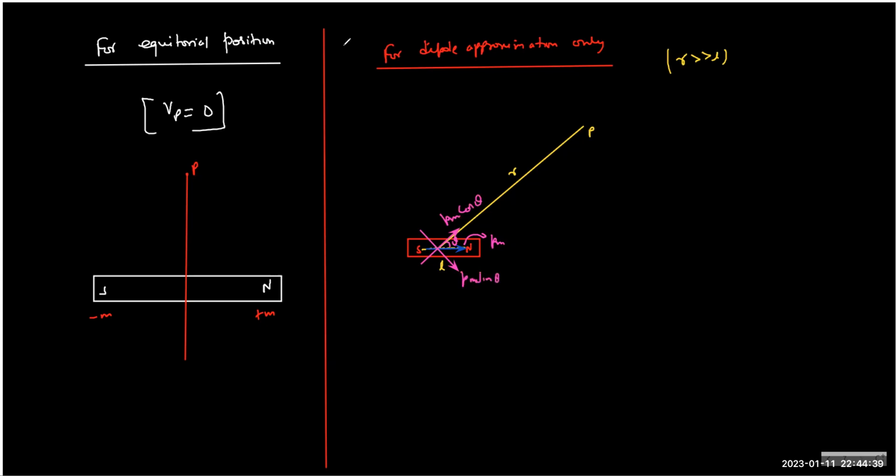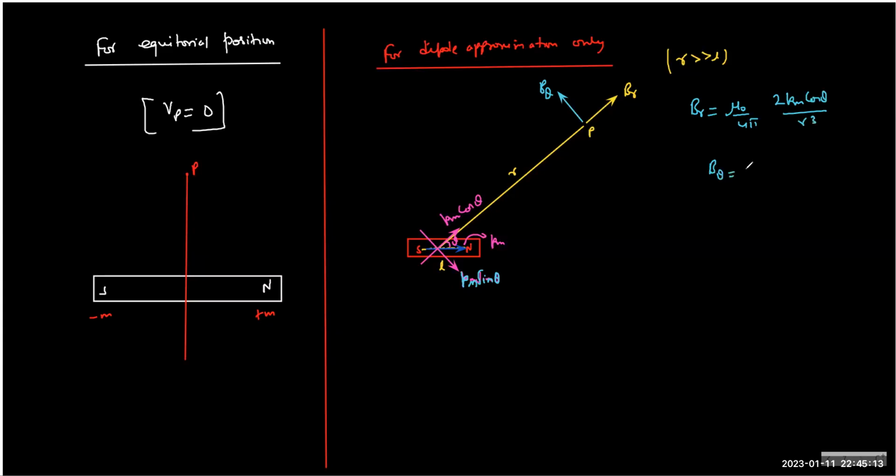So PM cos theta will create the magnetic field vector this way. We can call this a radial vector BR. And PM sin theta will create a field in this direction, opposite to the vector, right? Because for PM sin theta, this is equatorial position. Do you all remember the electrostatics? Yes, ER and E theta. So BR becomes mu naught by 4 pi 2 PM cos theta by R cube.